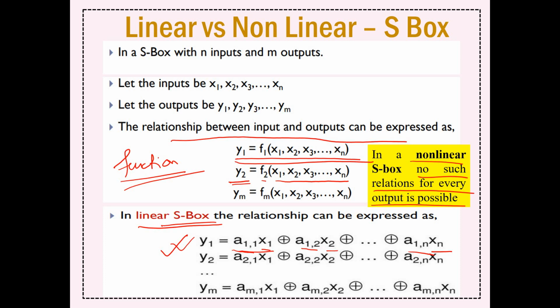Now, if that relationship is linear, we call that a linear S box. If not, then we call it a non-linear S box. And non-linear means there will be combinations. I will give you an example after this. Maybe an x cube factor or an x1, x2, x3, where x1, x2, x3 are the inputs to the box. So let's see one by one.